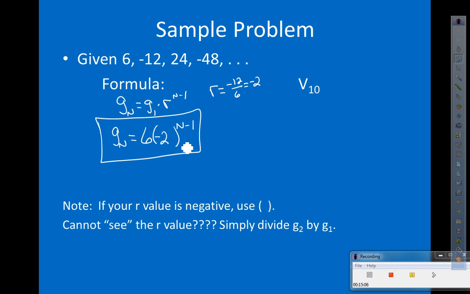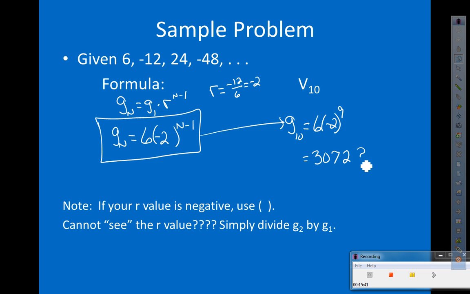So that's my formula. Now to get my answer, I'm going to go G sub 10 equals 6 times negative 2 to the 9. And then I didn't bring my calculator on this one, but it looks like that'll probably be 3,000 and half of 144, 72.